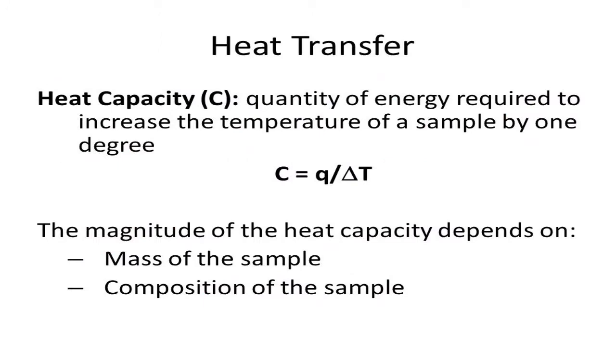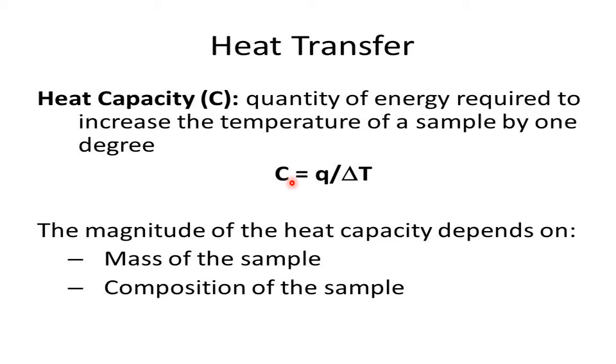The same equation is written in this form also: the quantity of energy required to increase the temperature of a sample by 1 degree is equal to Q by delta T. And the magnitude of the heat capacity, that is C, depends on the mass of the sample and composition also. Just now I gave the example of 1 kilogram and 10 kilogram of the same sample.